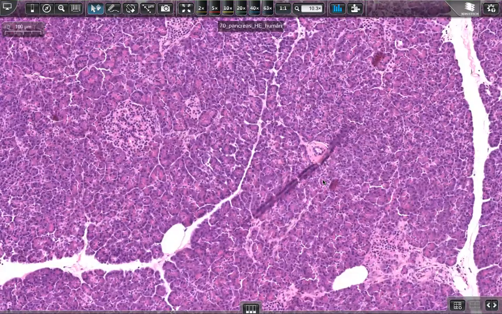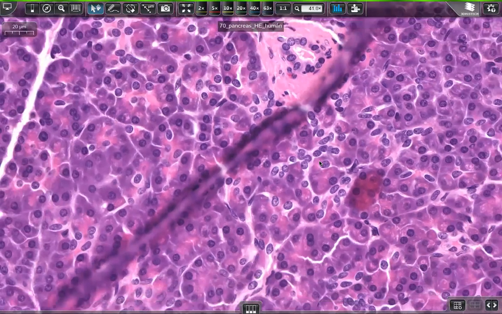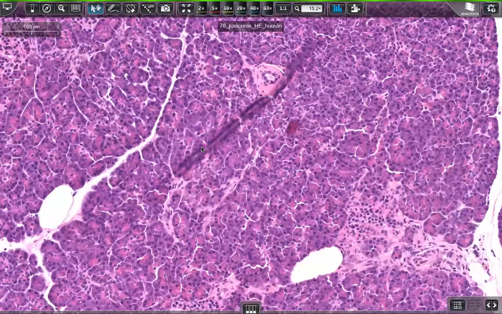Looking at this area, these cells are part of the cellular structures at the wall of the intercalated duct. I try to show a lumen of the intercalated ducts.